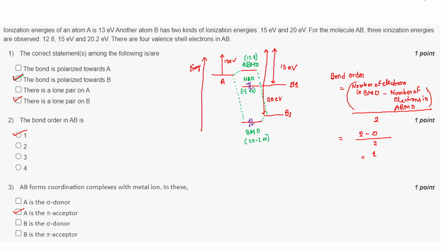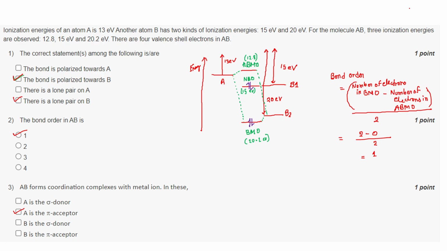As I'm telling multiple times, the energetics of the antibonding molecular orbital is close to A, and the bonding molecular orbital is close to B. That's why we can say that the bonding molecular orbital is over atom B, and the antibonding orbital is on A.